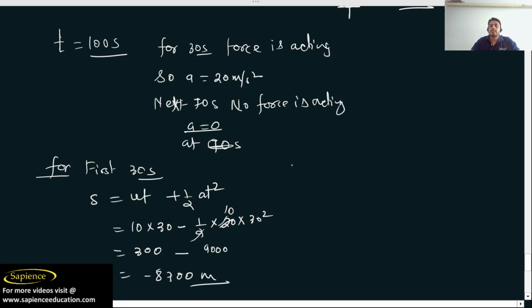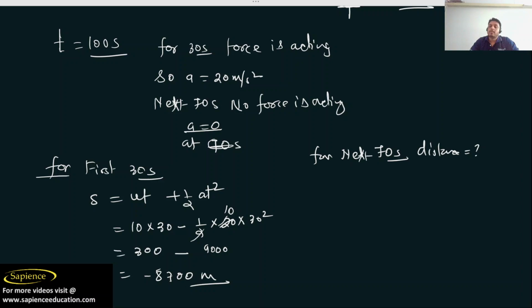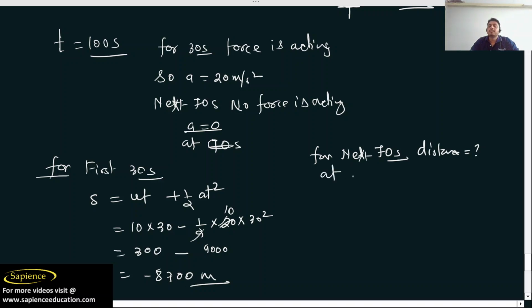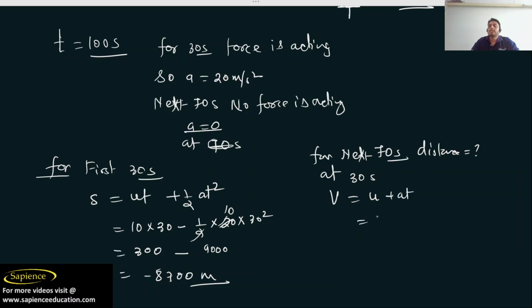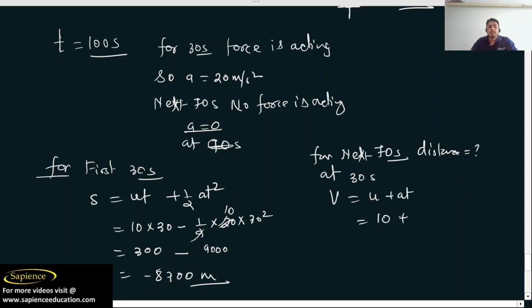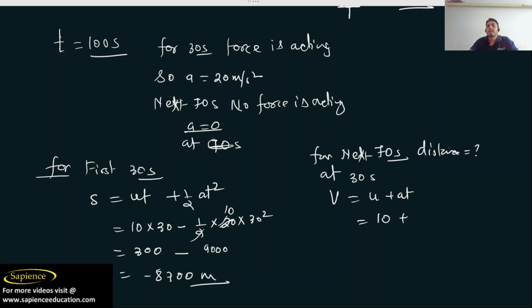Because it is only for the first 30 seconds, and for the next 70 seconds the distance is, so we don't know. So at 30 seconds, what is the velocity? Velocity will be v is equal to u plus at. So initial velocity was 10.